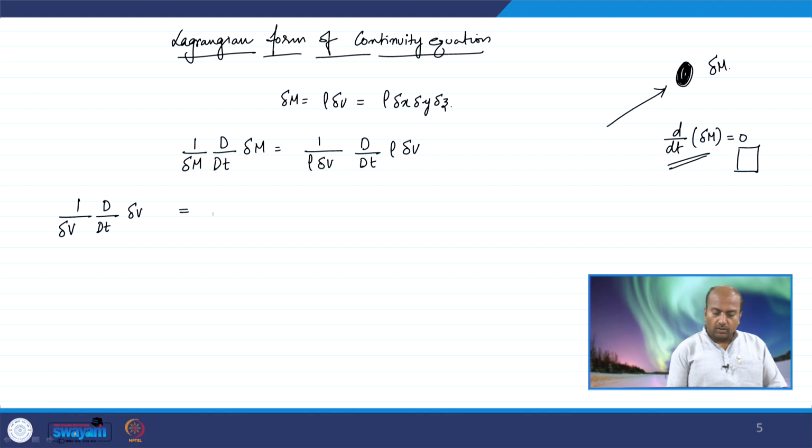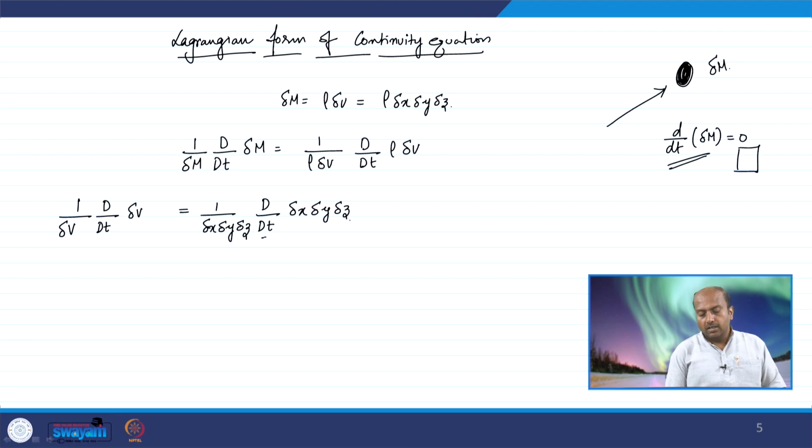Okay. So this becomes 1 by delta x, delta y, delta z D by Dt of delta x, delta y, delta z.